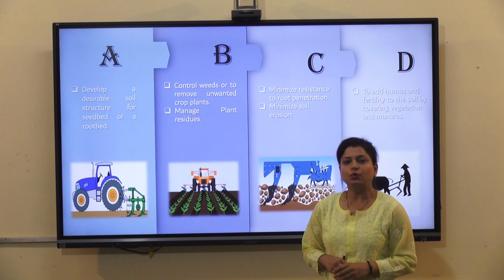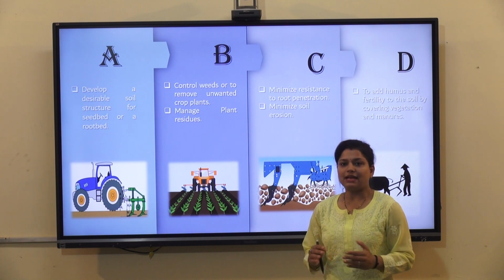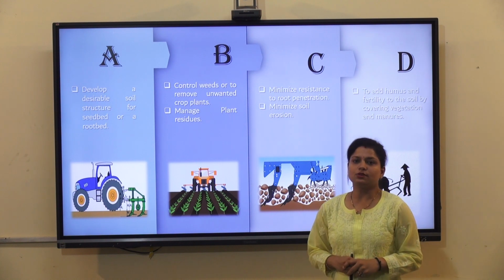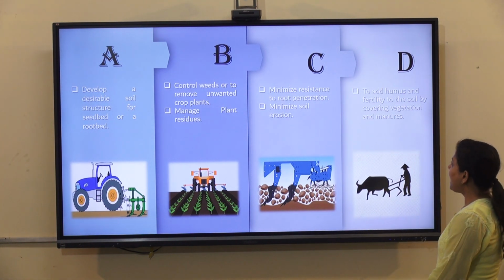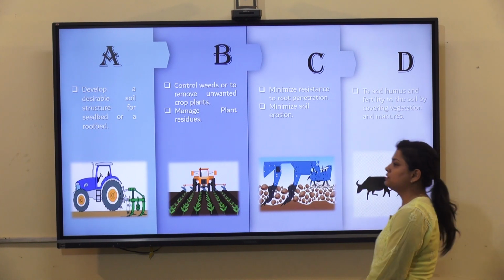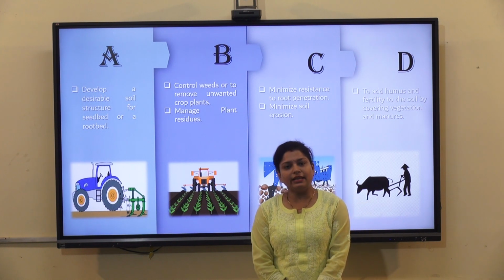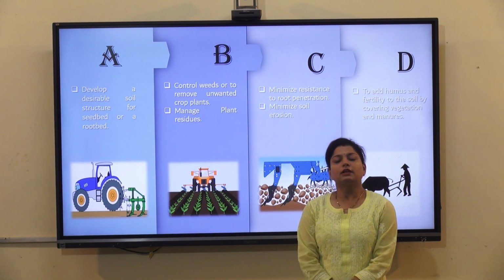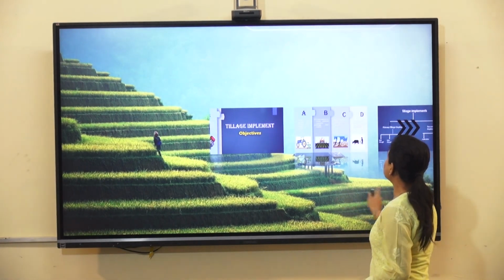If we do contour tillage and listing and put in proper terraces, there is less chance of soil erosion and also better soil conservation. The last objective is to add humus and fertility to the soil by covering vegetation and manure. Many farmers put soil and fertilizer at the time of field preparation for better fertility for the seed.